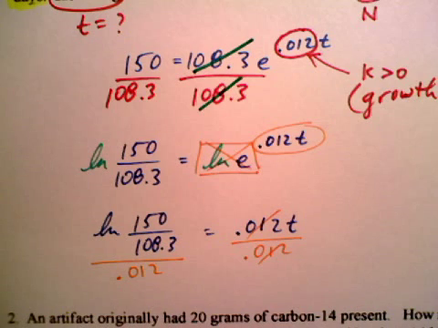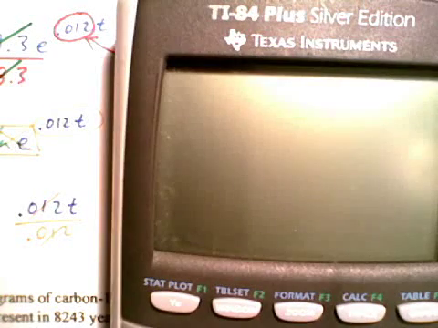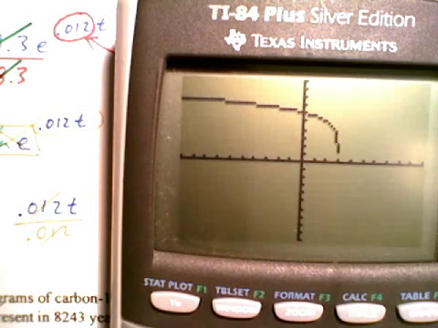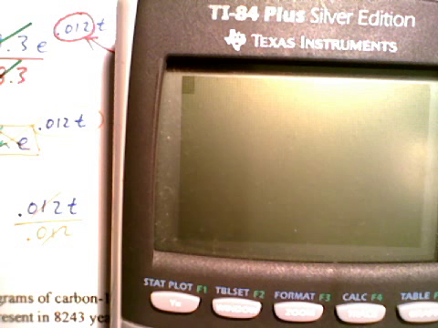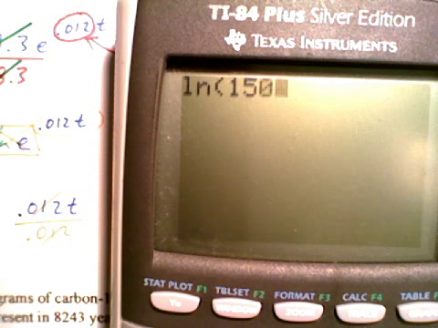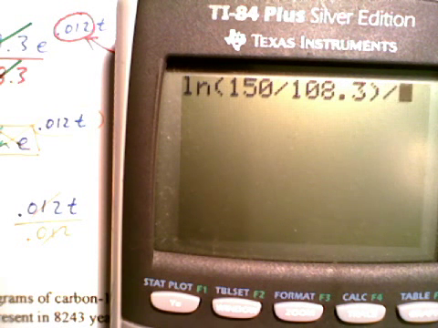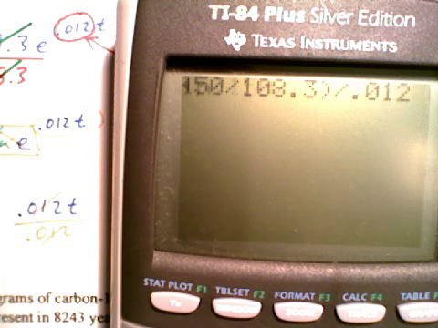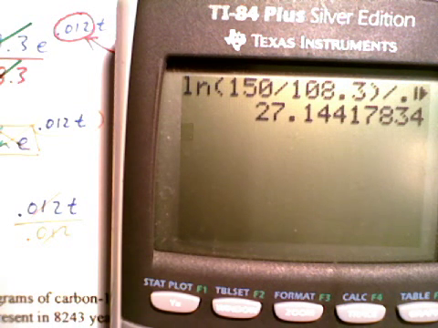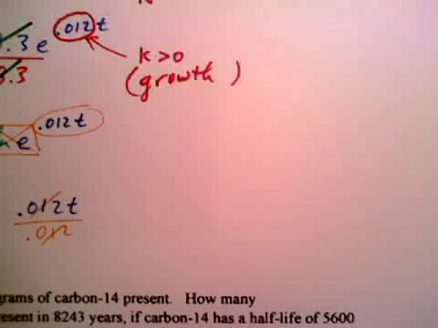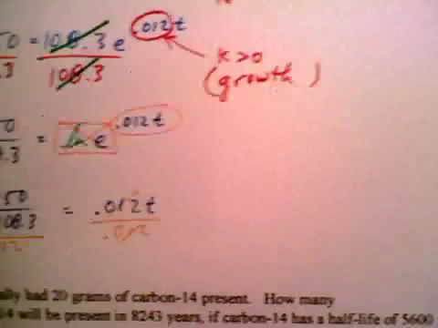Right there. And so let's go ahead and plug that into the calculator, and we get, let's see here, ln 150 divided by 108.3. We're going to divide that ln by 0.012, 27.144. Okay, let's make sure we understand what that means.